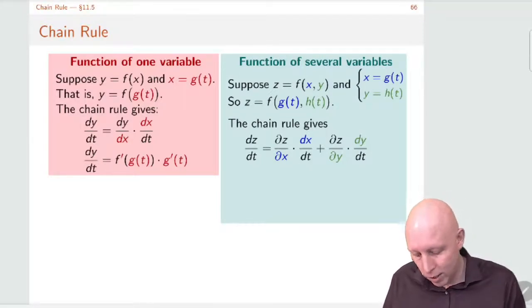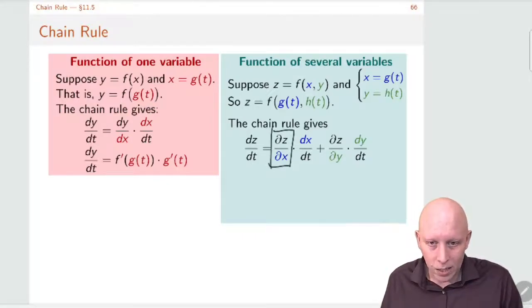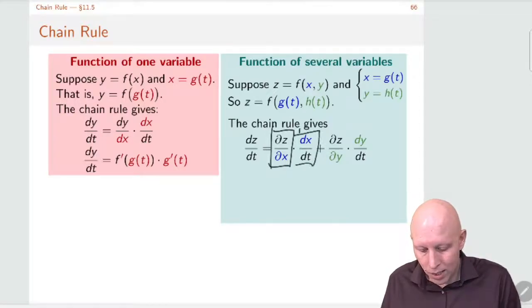So the chain rule here is going to give dz dt is the partial of z with respect to x times dx dt plus the partial of z with respect to y times dy dt.